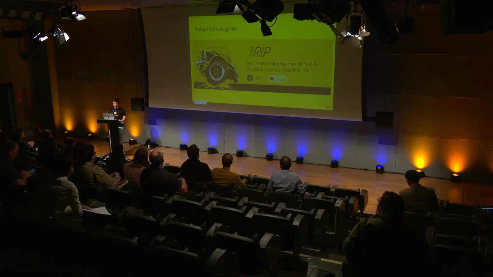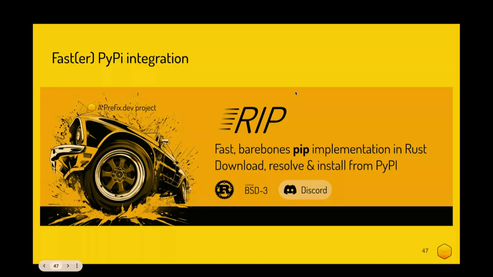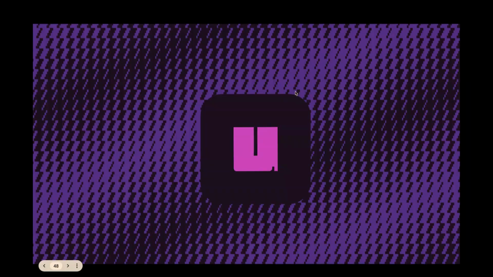We also have a faster PyPI integration. Initially we were working on RIP, which was a pip reimplementation in Rust, but UV appeared on the scene. So we needed to decide: do we adopt UV under the hood, or do we try to reach feature parity between RIP and UV?